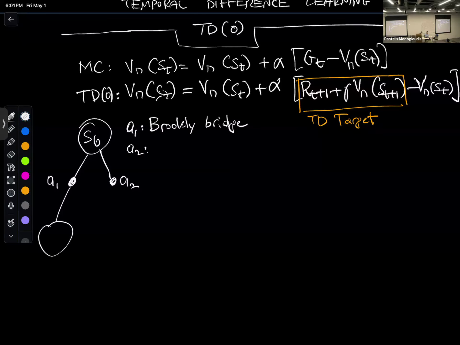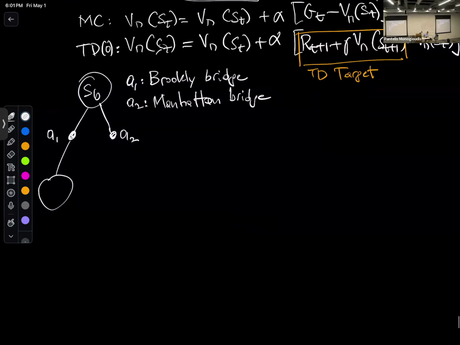The second action, A2, will take me through the Manhattan Bridge. If I take the Brooklyn Bridge, I will arrive at an S prime state. Let me call it S past Brooklyn Bridge, and the other one will be S past Manhattan Bridge.